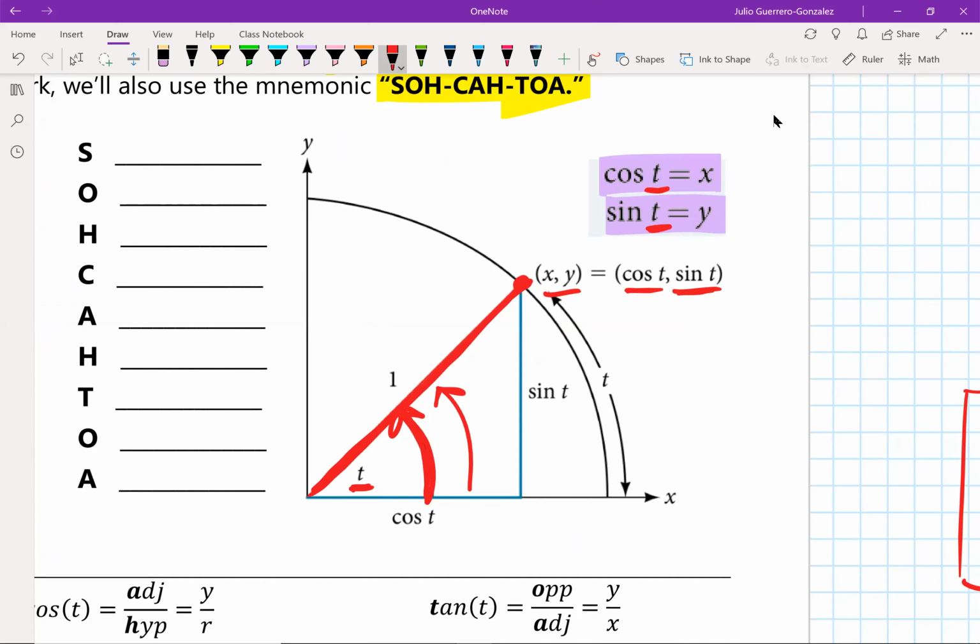Basically, the cosine told you how much horizontally, how much left and right you had to go to get to a specific point up here with a certain radius. In this case, it's radius 1, right? And sine of t was how much vertically you had to move in order to get to the same point. So sine told us how far up and down, cosine, how far left and right.